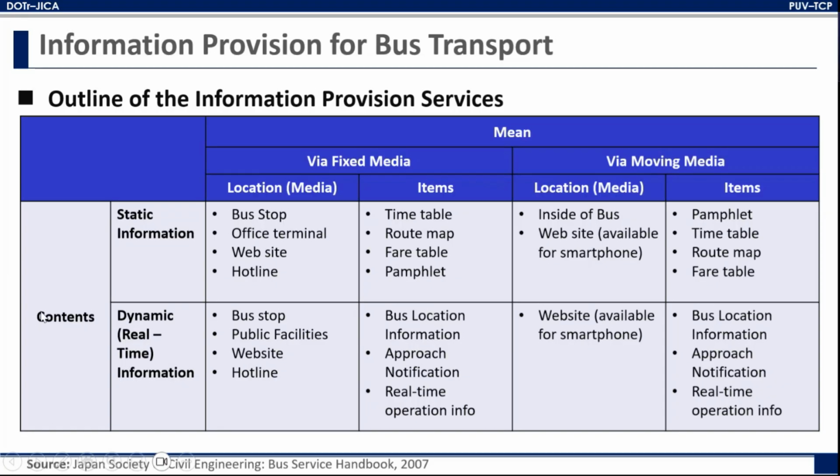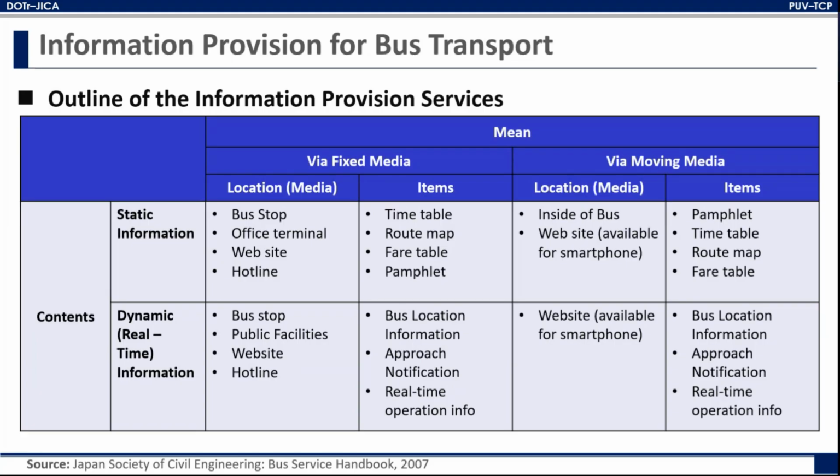About the contents, static information is just fixed information, and dynamic information is considered real-time information. For example, bus location systems and approach notifications, meaning estimated arrival times and how long the passenger needs to wait to get the bus.